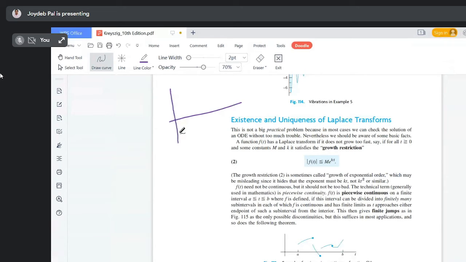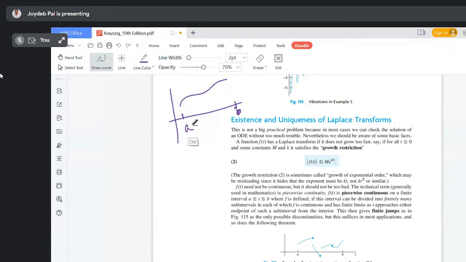So, see, I am giving you a small example. A to B is an interval. Now, if I draw this type of graph, then it is continuous in the interval AB, right? Because there is no break. Yes, sir.